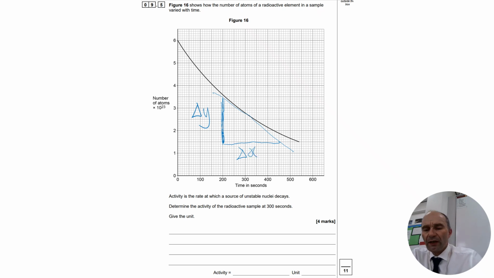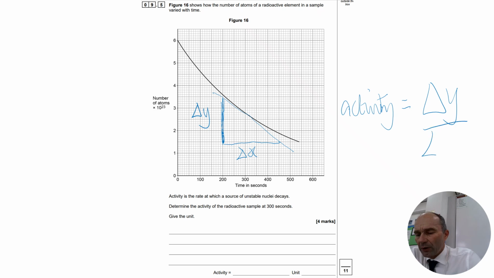So in this case, activity is the change in y divided by the change in x. You'll be able to do this much easier on paper at home, a bit harder on the computer screen.